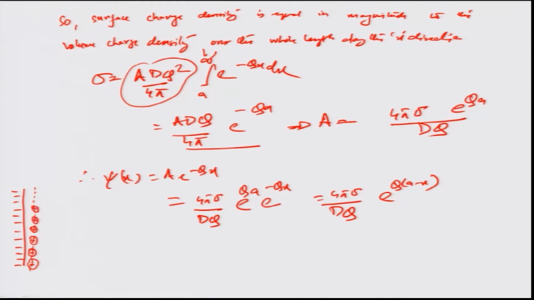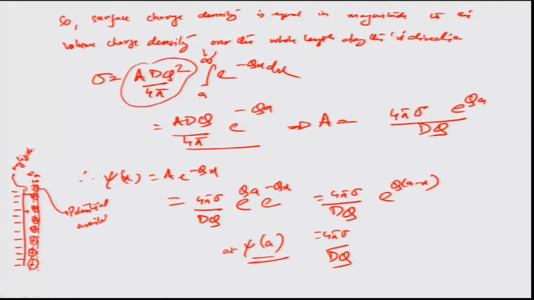If we assume this solvation layer to be very small in comparison to the ionic radius, and at the surface of this Helmholtz layer you have exactly x equal to a, this value is considered negligible, since the solvation shell is only one layer of water. So we get this value here as 4 pi sigma by dq, psi at a, times e to the power of 1.